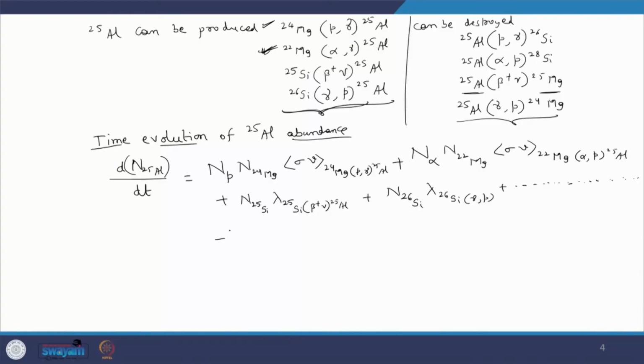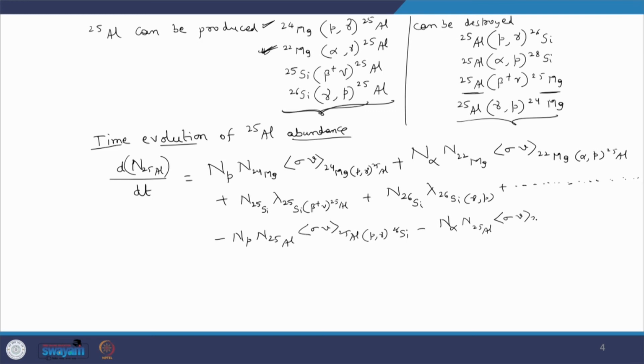Like this: minus N_p N_25Al sigma V for 25Al reacting with p gamma, giving 26Si; minus, second process, aluminum 25 can undergo destruction by reacting with an alpha particle, is it not?